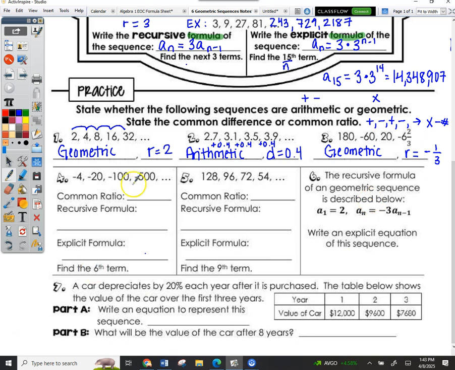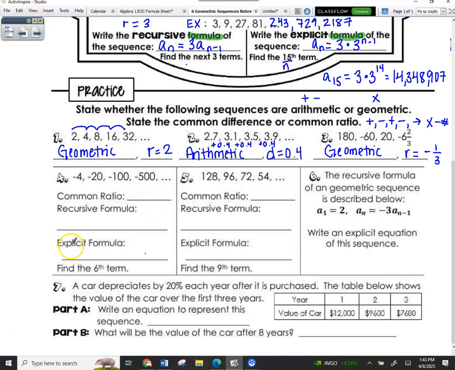It says, tell me the common ratio, then give me the formulas, then tell me a certain term. So right here, you're finding R equals, then you're getting the recursive and explicit. That means you're getting the next term formula, and then you're getting the specific formula.